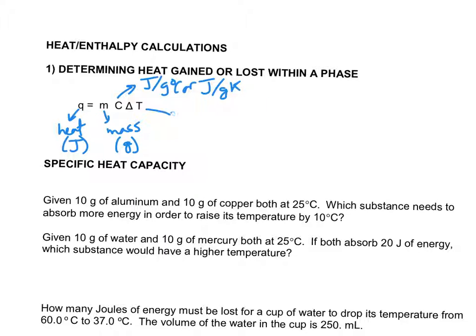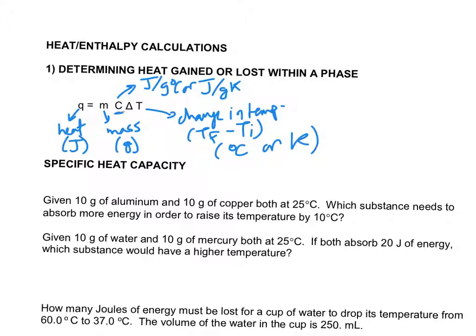And then delta T is change in temperature. So it's not just temperature, but change in temperature. It's T final minus T initial. And so this should be in degrees Celsius or in Kelvin. It's going to be the same value whether it's degrees Celsius or Kelvin. Same thing with C. It's going to be the same value if it's in joules per gram Celsius or joules per gram Kelvin.